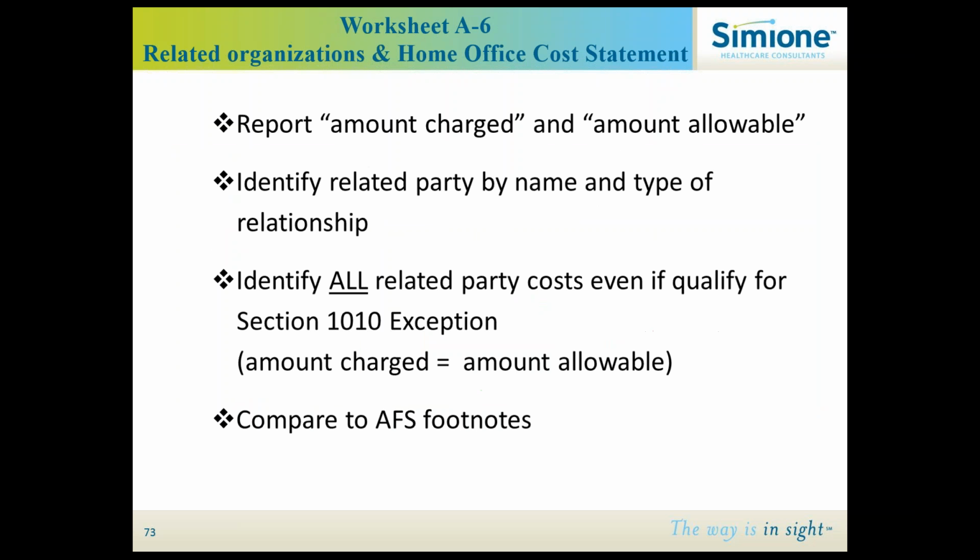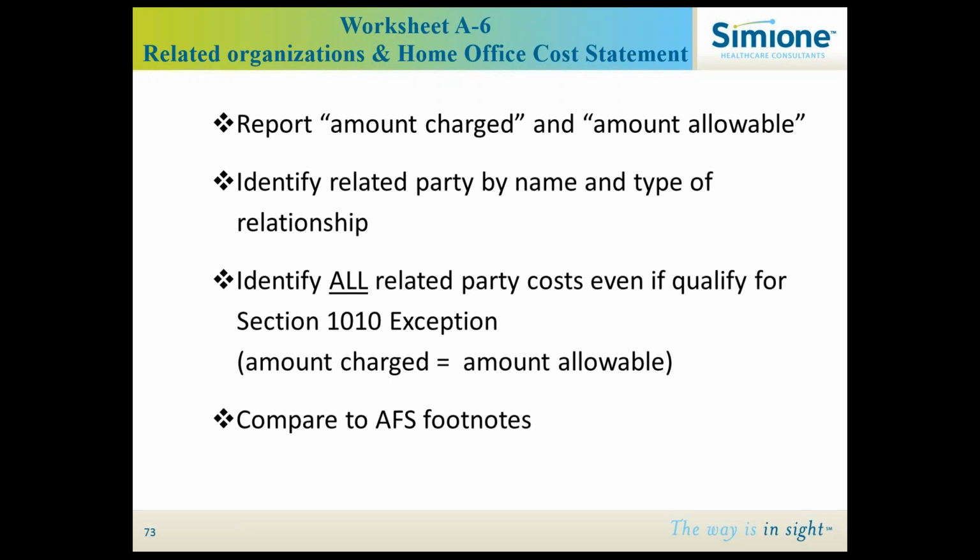Other income offsets, related organizations. Now, when I used to do my 3-day programs, I spent a half day just talking about related organization and home office cost statement. Neither of us have time for that today. The important part that I wish to stress to everybody is if you have a related organization, disclose it.